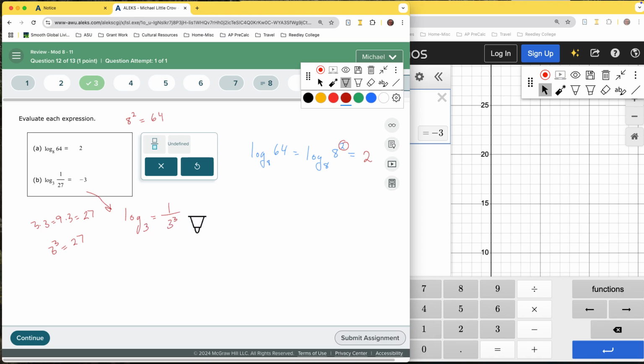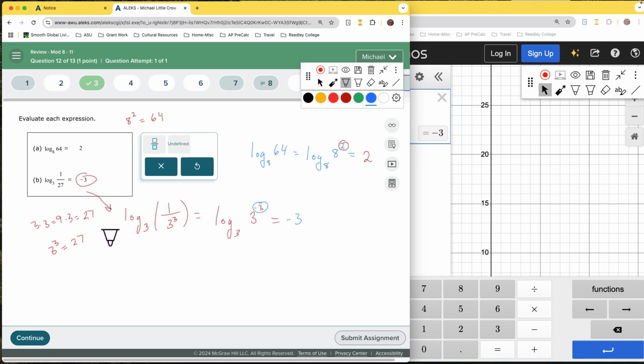So that's one way to write it, right? We'd also think of this as log base 3. We can move this up to the numerator as 3 to the negative 3. That's another way to write it. And as you see, the exponent of negative 3 is our answer to the logarithm.